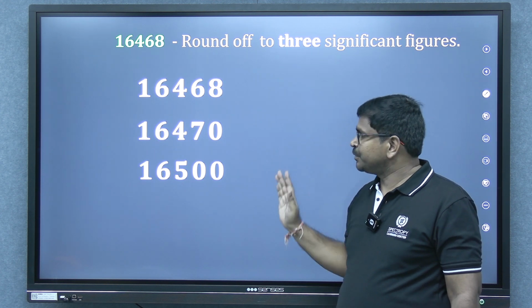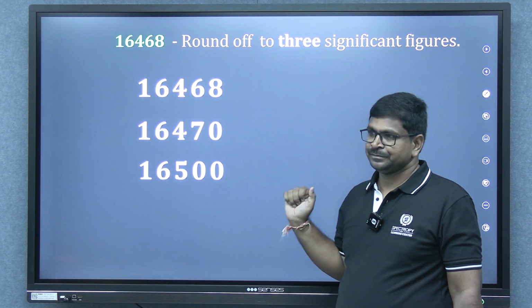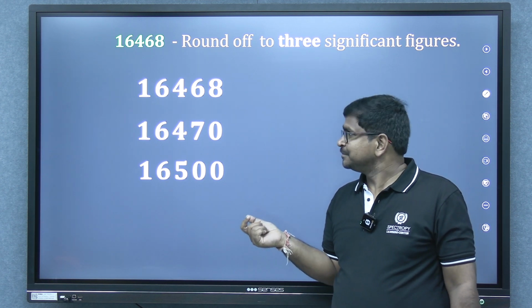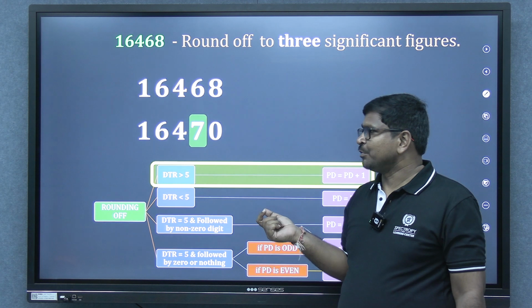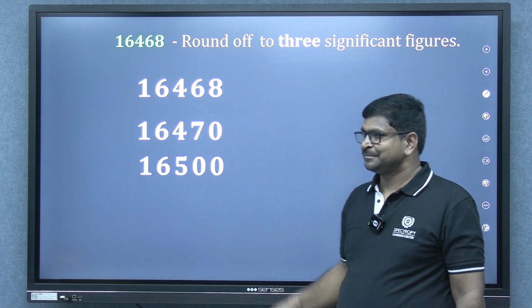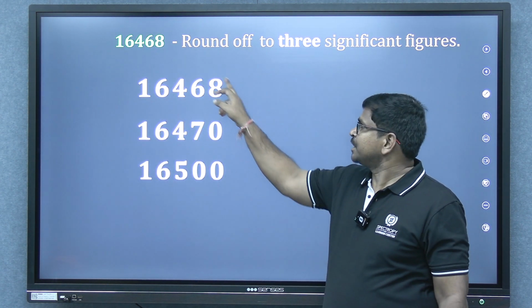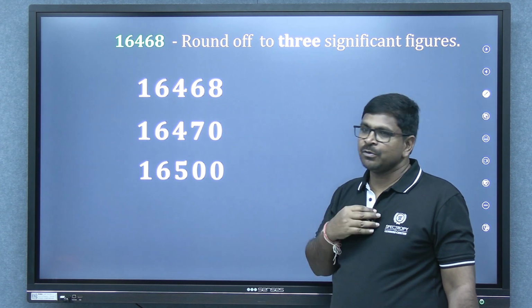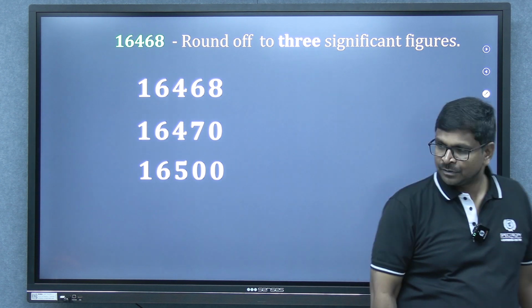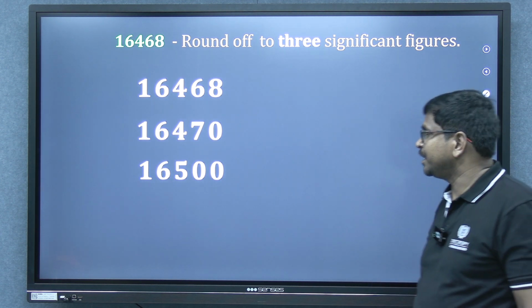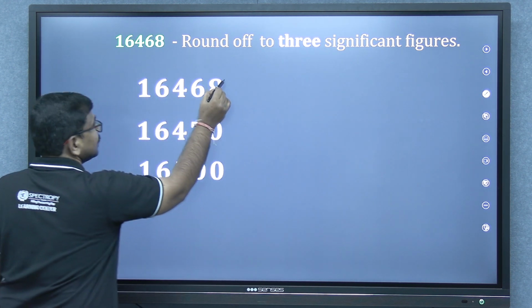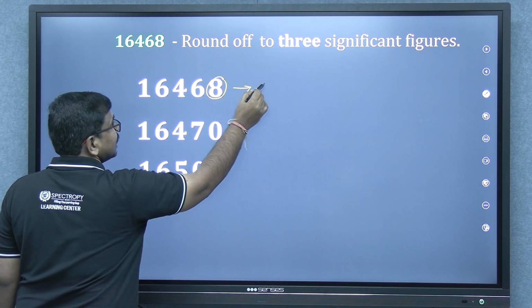So this is the procedure to round off. You have to write down the entire process. Let me show you how to write. Here you round off 8, and this 8 is greater than 5. So 6 will become 6 plus 1.